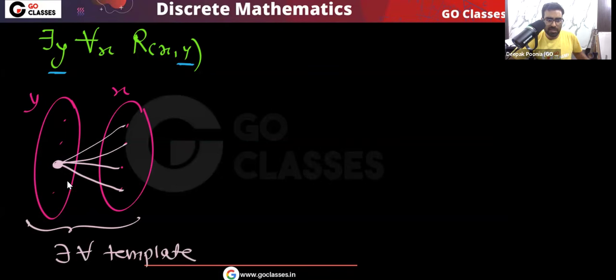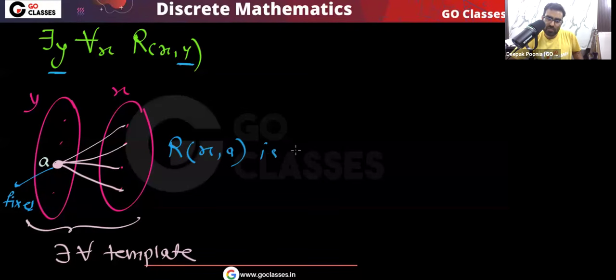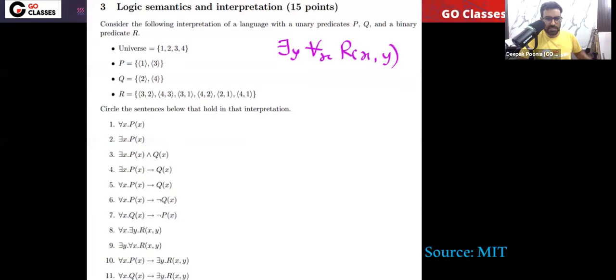Let's call this fixed person a. Now we are saying that R(x, a) is true. Understood? Very simple.